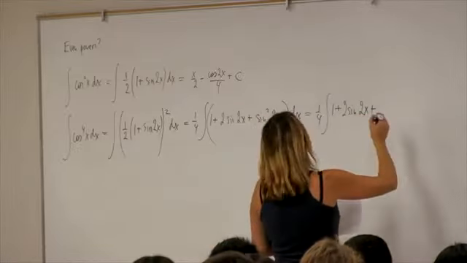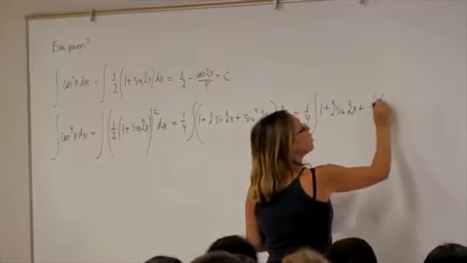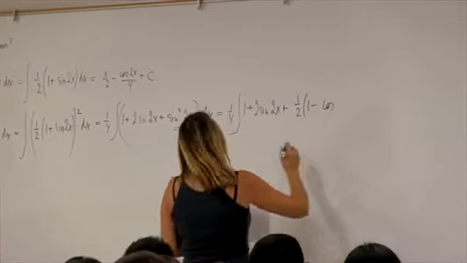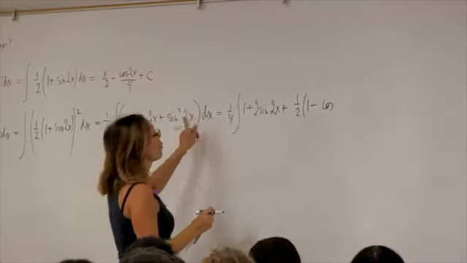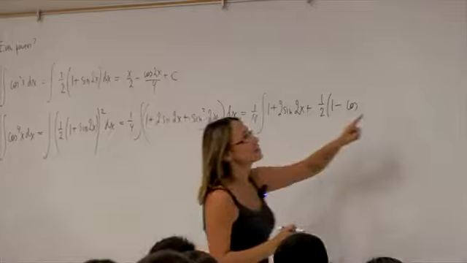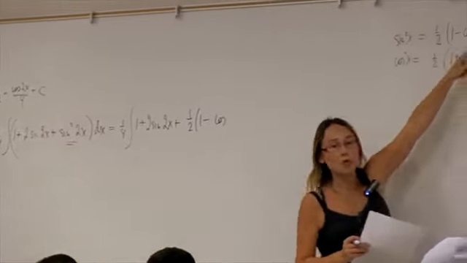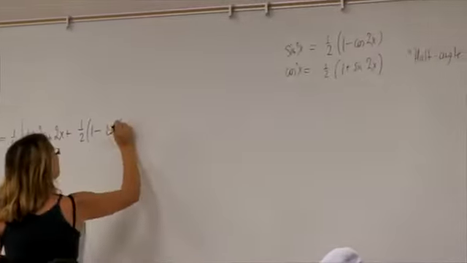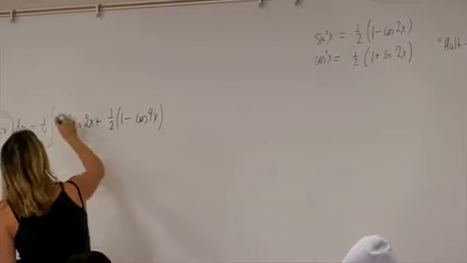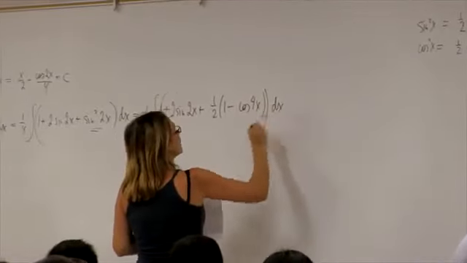So sine squared is 1/2 (1 minus cos of what?) 4, right? Sine squared of 2x, 2x becomes 4x. Okay? dx.